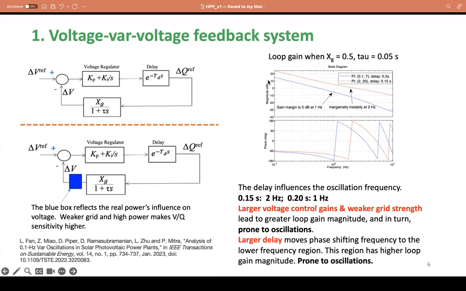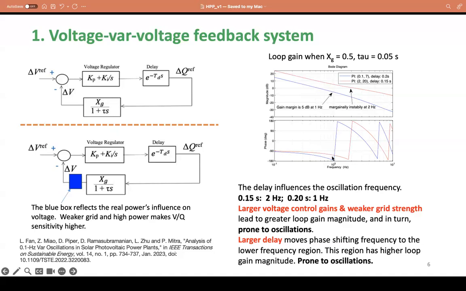And for this feedback loop, you can plot the entire loop gain. It's just the PI controller, the delay, and this influence. Here you can take a quick look at two delays. One is at 150 milliseconds, the red line, and the blue line is 200 milliseconds.